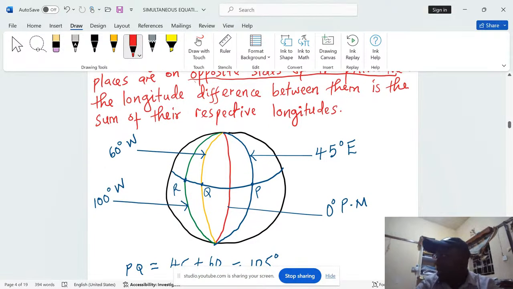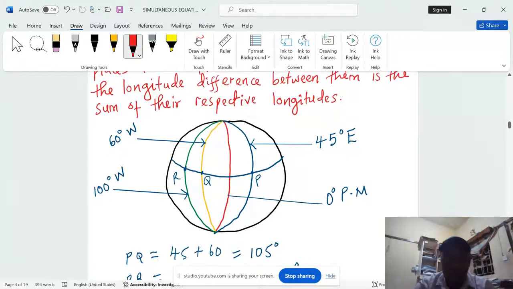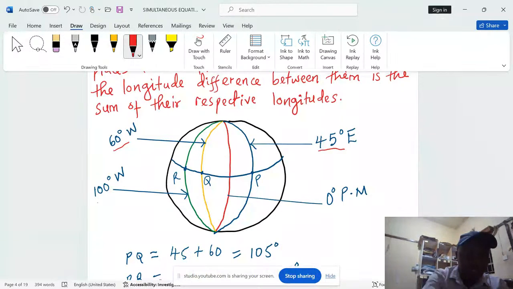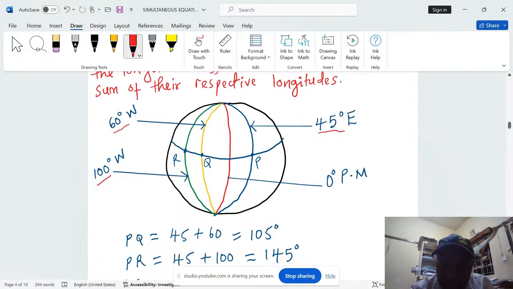Let me clarify this using some examples. We are talking of a longitude 45 in the east and longitude 60 in the west. I can also see longitude 100 still in the west. So the longitude difference between a place lying on 45, let's say place P, and another place Q, those are two places on opposite sides of the prime meridian, because the prime meridian is the one here.